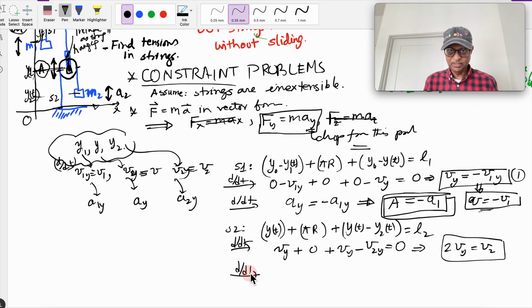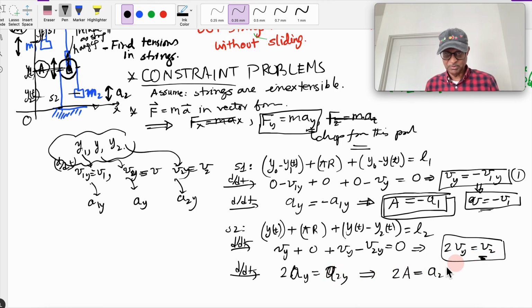Do another d/dt. 2ay equals a2y. And we are writing a for that, and we're going to write a2y. Taking the time derivative of that to get the acceleration. So we're going to just use this. So these are two constraint equations, 1 and 2.